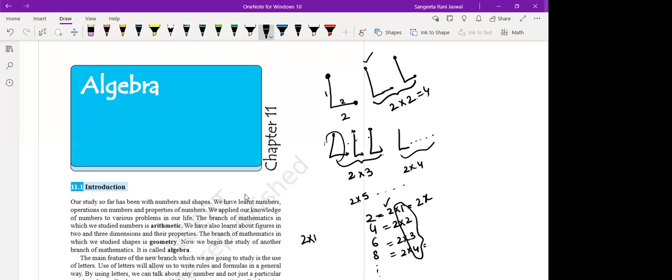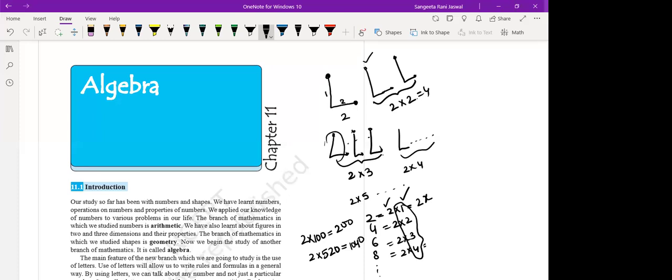If I have to make 100 shapes like this, how many matchsticks are required? 200. If I have to make 20 shapes like this, I will just multiply it with 2. Okay. Right? Are you understanding? So variable means which varies, a number that varies.